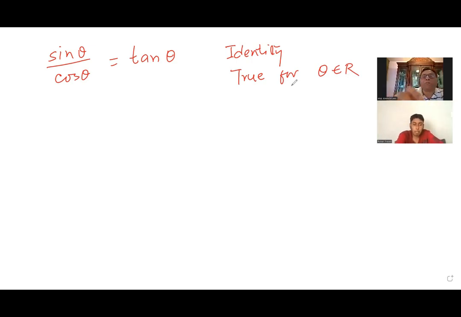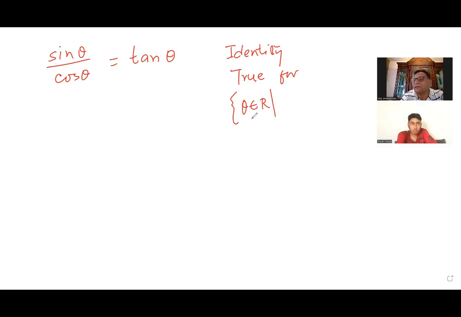But here we have a restriction that we cannot divide by 0, right? So all the values for which cos is 0, those values theta cannot have. So theta belongs to real numbers, where what value of cos could be 0?